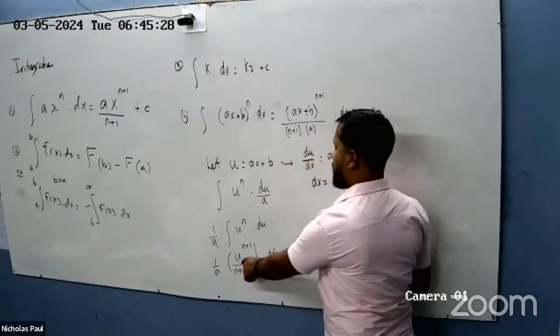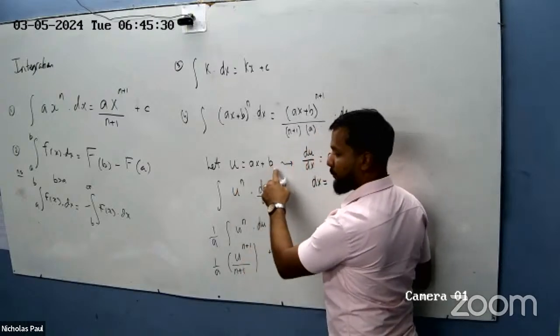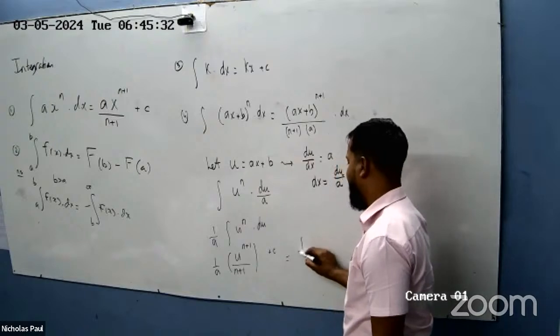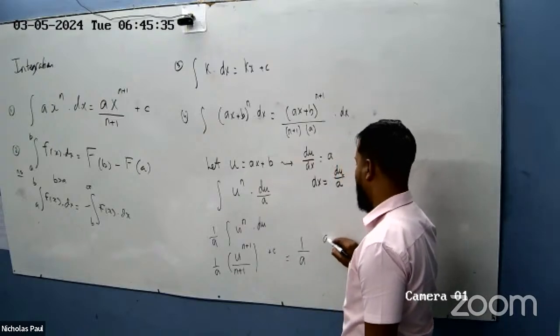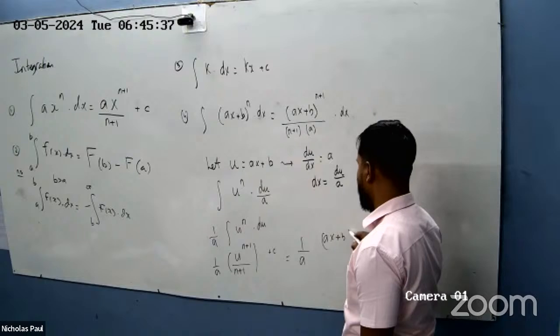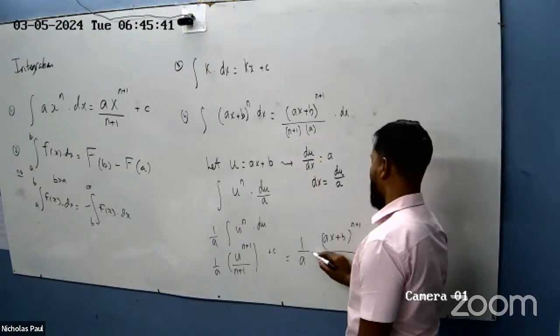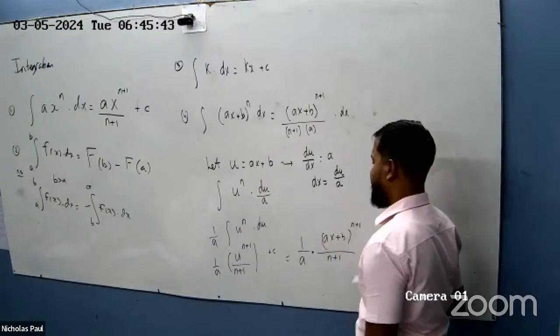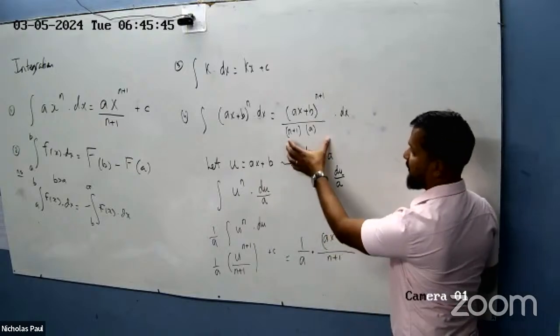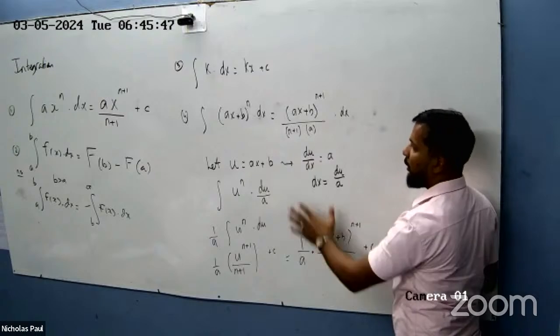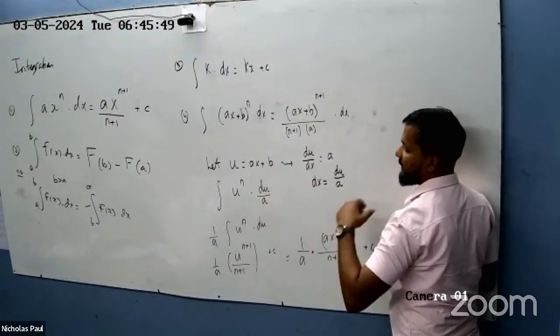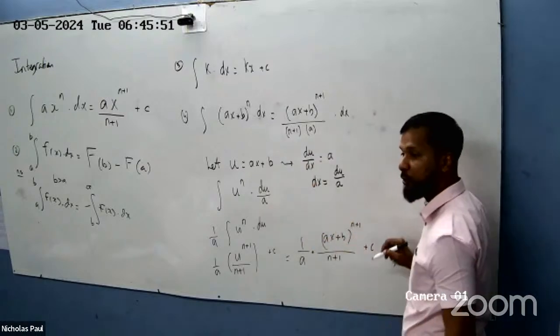And what is u? u is ax plus b. So now I'll end up with 1 on a by ax plus b to the n plus 1 all over n plus 1, plus c. This is the same as the shortcut. It's longer, but this is your first example with integration by substitution.